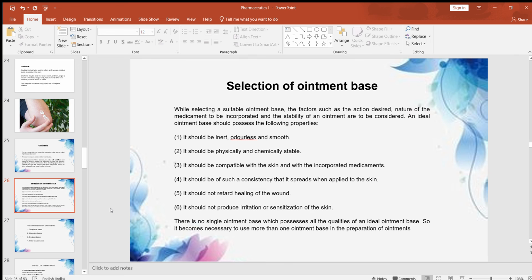Now any base you can take, but in any base which you select you cannot expect that all these ideal properties will be possessed by it. You can select a base in such a way that you reach as close to the ideal properties as possible, but it may not be possible for your ointment base to have all of them. So it is up to us as formulation scientists to decide which property is more important, and then go for the ointment formulation.